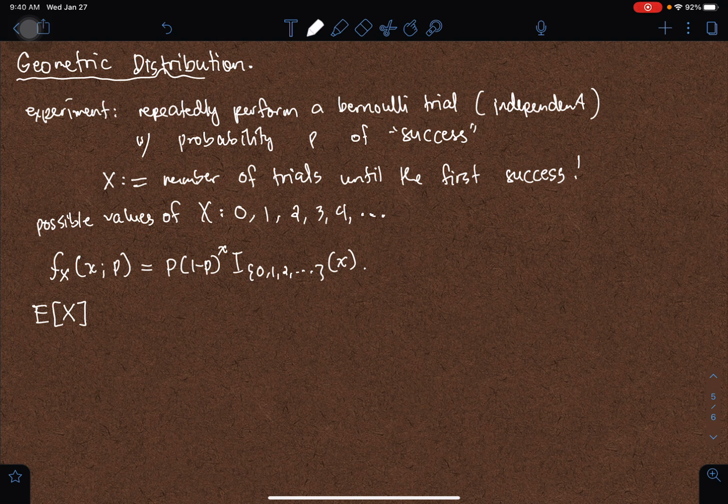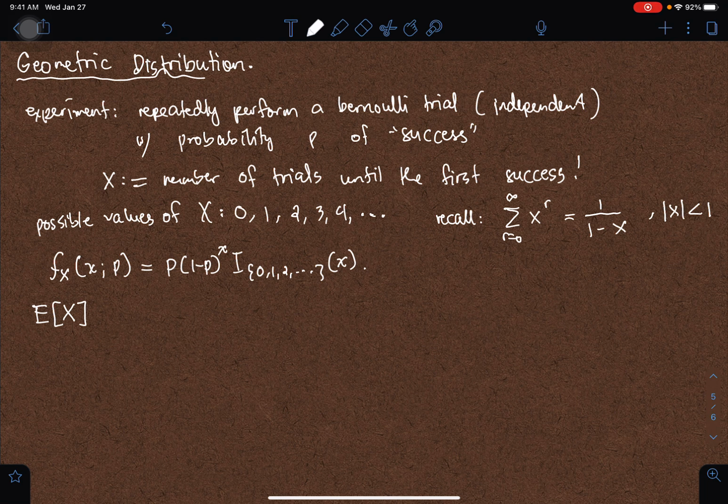To derive that, we need this result in algebra. The sum of x to the r from 0 to infinity is equal to 1 over 1 minus x, for all x whose absolute value is less than 1.